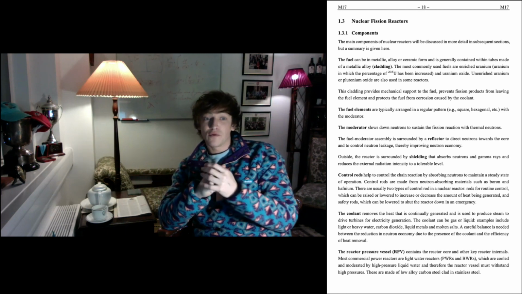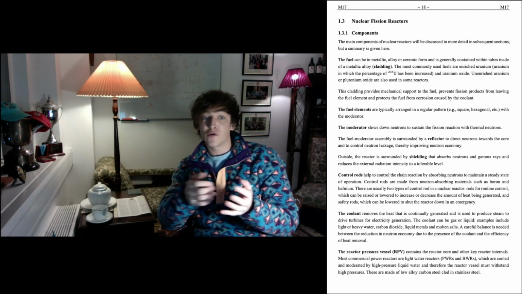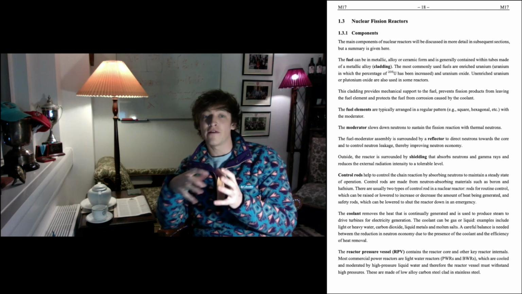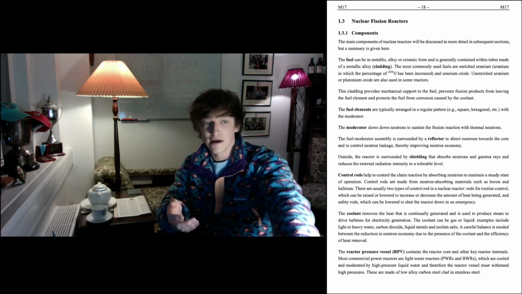And that pressure vessel that I mentioned has a very important job, because, for example, in a pressurized water reactor, it's quite a pressure in there, and the pressure vessel is the pressure boundary containing all other key internal components. And as the most common type of reactor is a pressurized light water reactor, that vessel has to withstand those pressures and maintain its structural integrity throughout its design life.